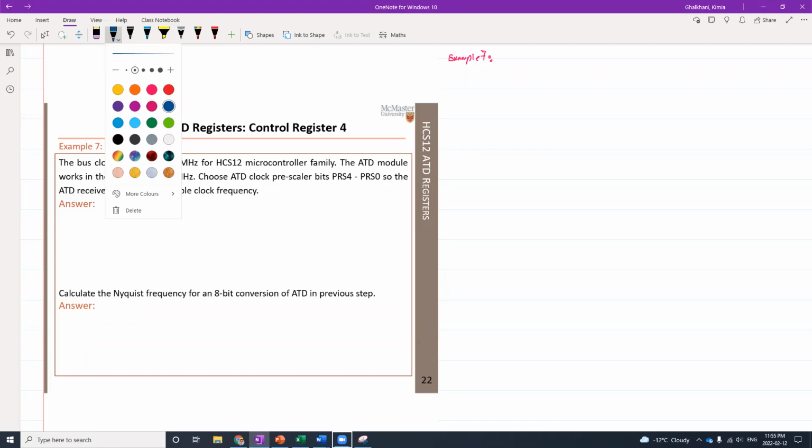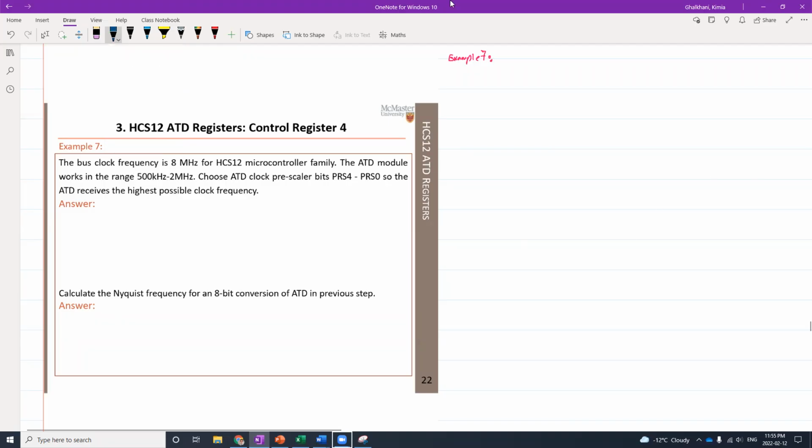And in this example, you are asked to look at here. The bus clock frequency is going to be 8 megahertz for the microcontroller in the lab. And then the analog to digital module works in the range of, as I mentioned, 500 kilohertz to 2 megahertz. You are going to choose the converter clock prescaler bits for PRS4 and PRS0, right?